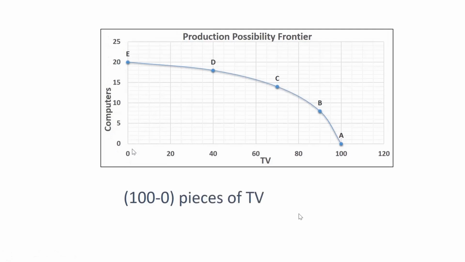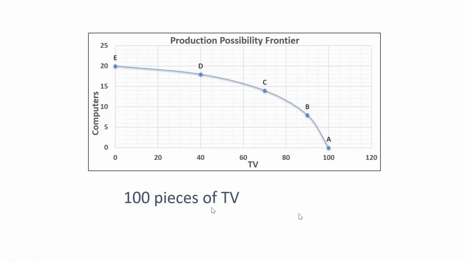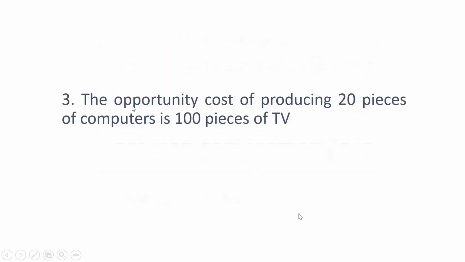That means that the difference is the number of TV we are foregoing. So when we take the difference, we are foregoing 100 pieces of TV in order to produce 20 units of computers. Therefore, the opportunity cost of producing 20 pieces of computers is 100 pieces of TV.